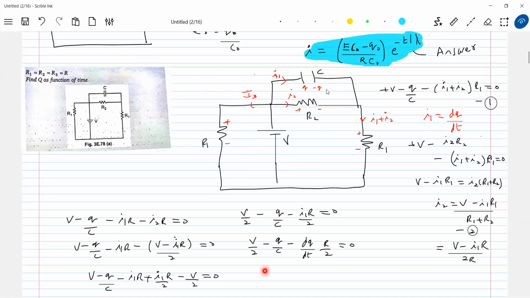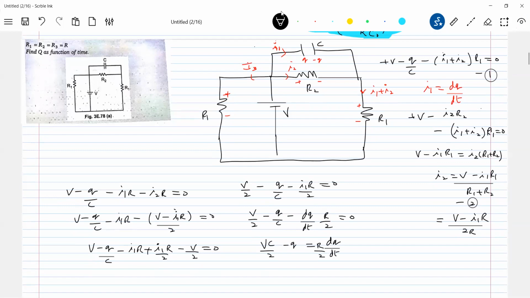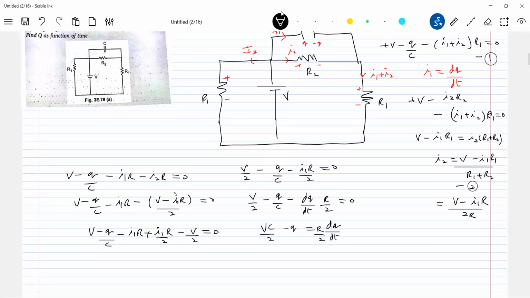So the final simplification, this will be equal to VC by 2 minus q, and this will integrate. RC by 2 will come.